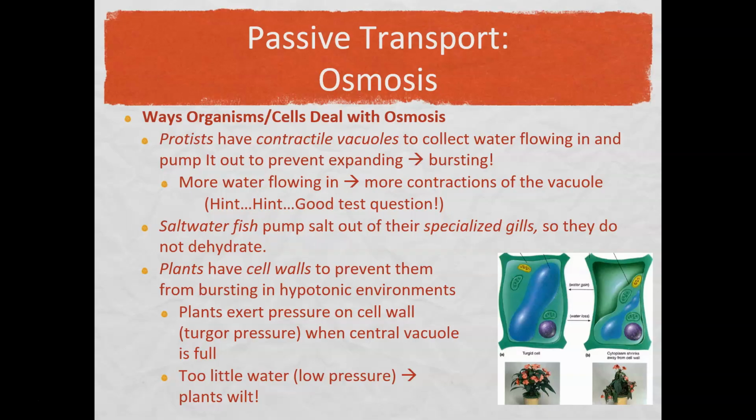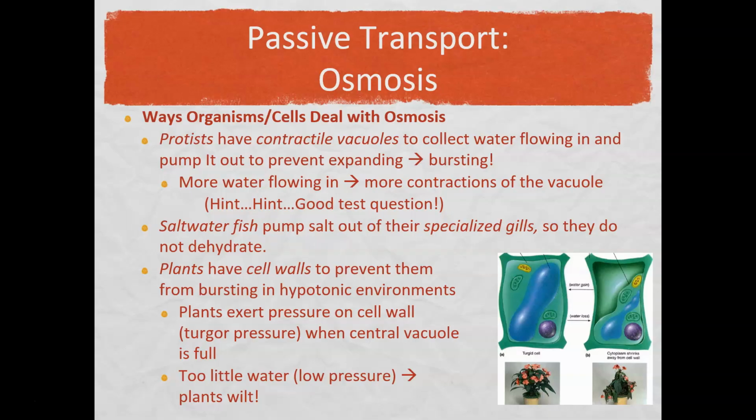Well, for the protists, if they get into a hypotonic environment, their contractile vacuoles will contract more. The more water flowing into their cells, the more contractions occur, and the more water gets expelled from the cell to hopefully help them maintain shape.